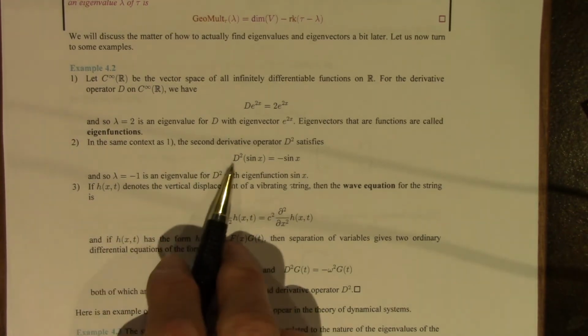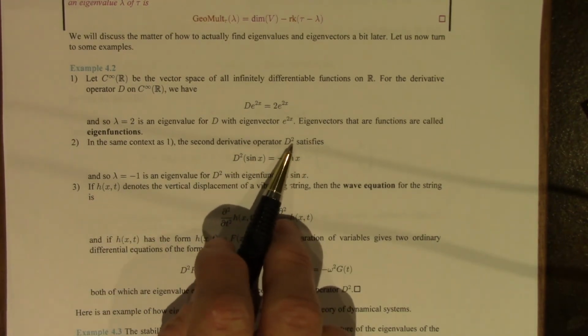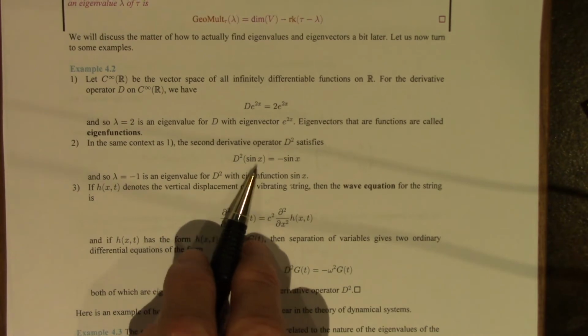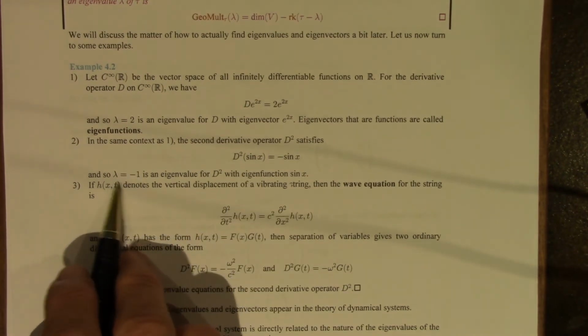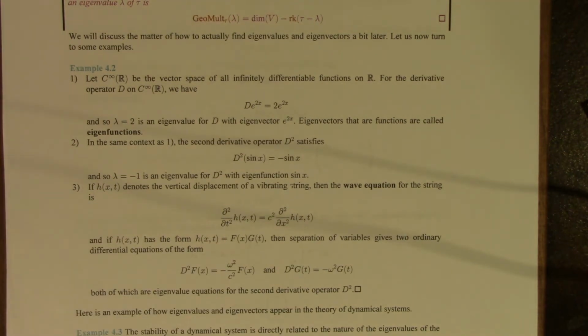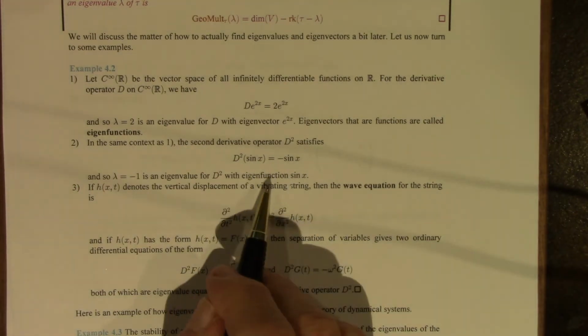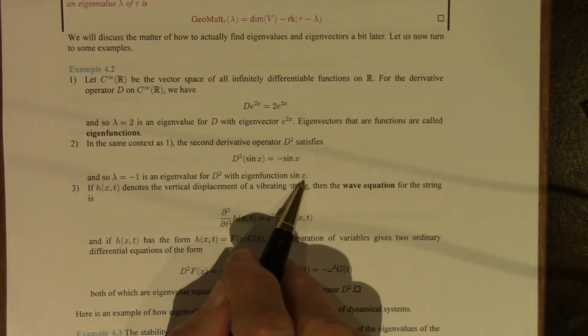In the same context, the second derivative operator sends the sine of x to negative sine x. So lambda equals -1 is an eigenvalue for D squared, and the sine of x is an eigenfunction.